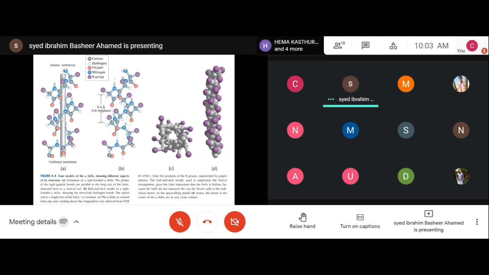This is the side view of the alpha helix, and if you view it from the top, it will look like this. So this is the top view. From the top, you can see some hole here, right?